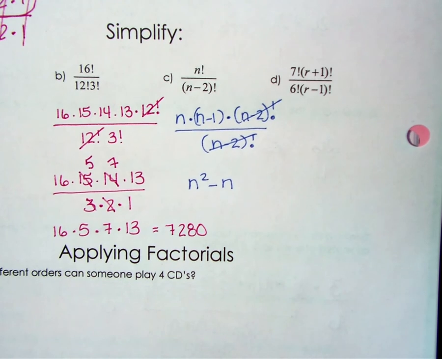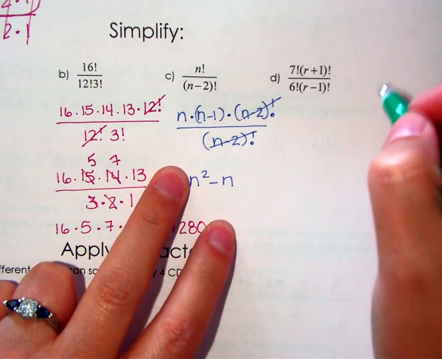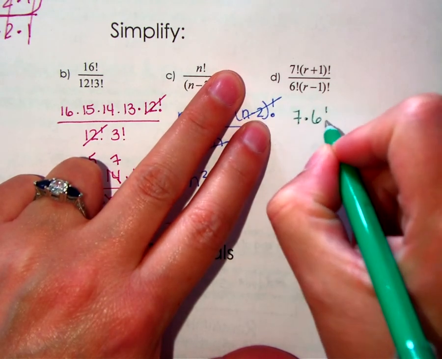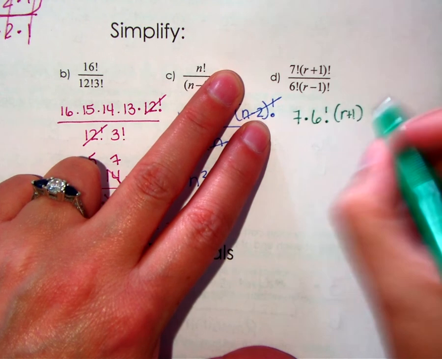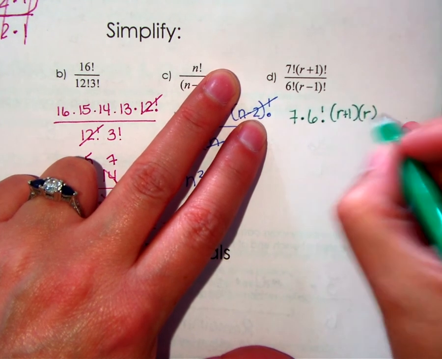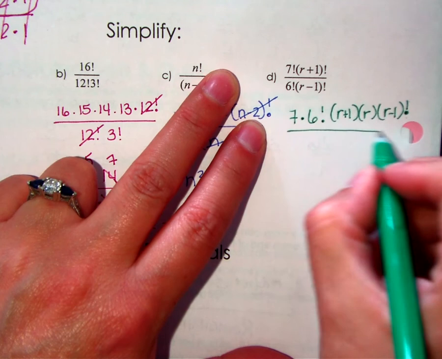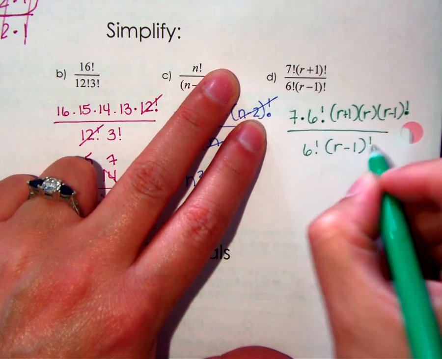All right. So this one, we've got numbers and we have expressions. 7 and then 6 factorial. And then this is going to be r plus 1, r minus 1 factorial. And that's over 6 factorial, r minus 1 factorial.